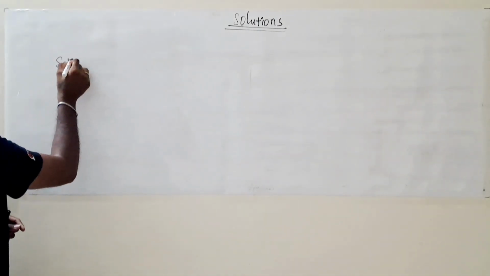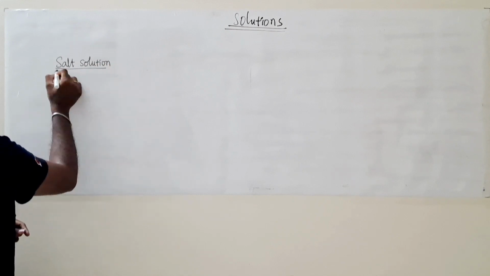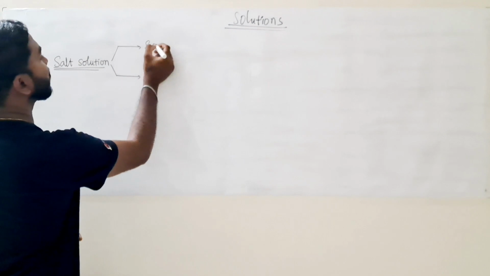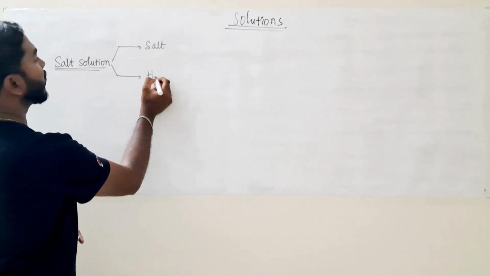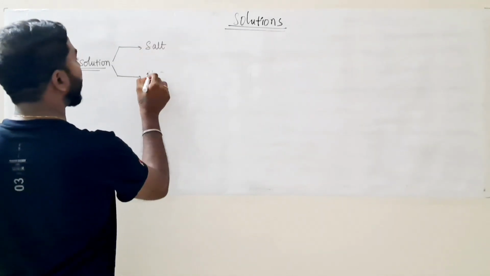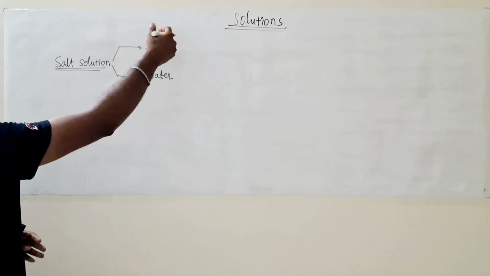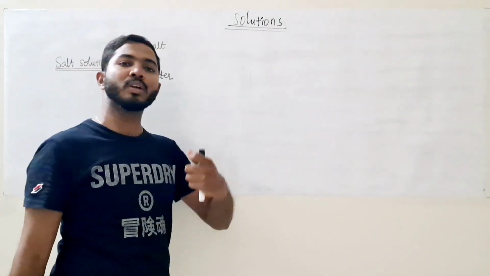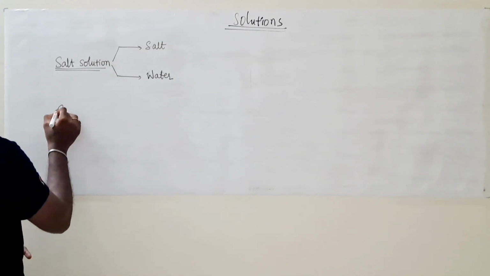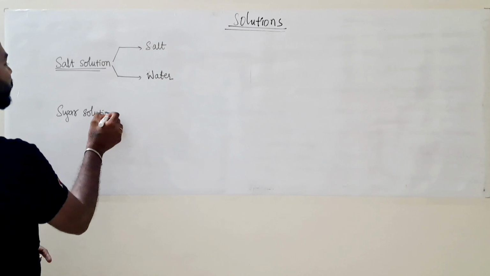Let me just give you 2 examples here. That is salt solution. Salt solution is basically made up of salt and water. And then you try to define which behaves as solute and which behaves as solvent in that. And then next, if I give you sugar solution.